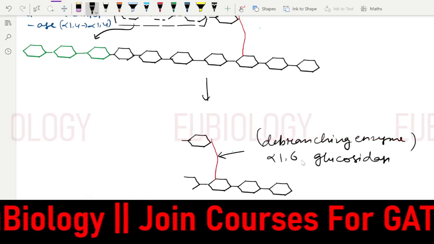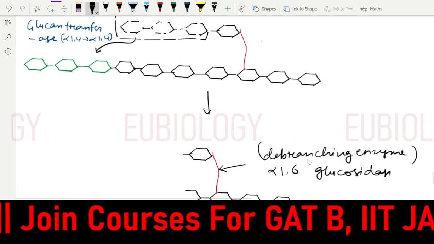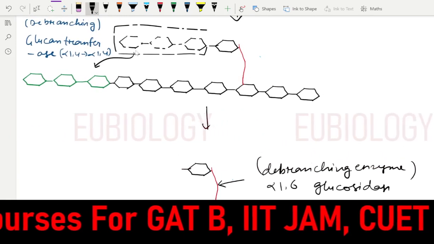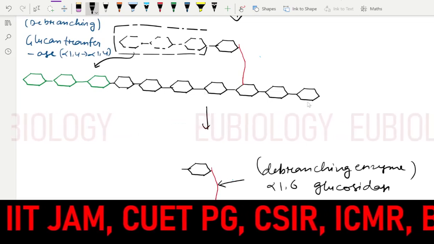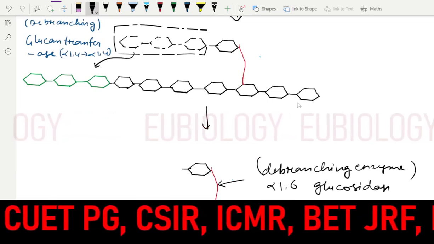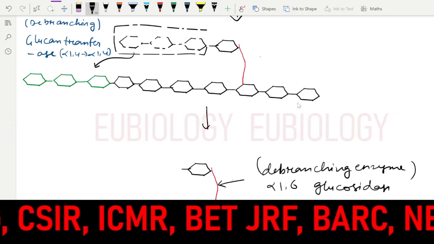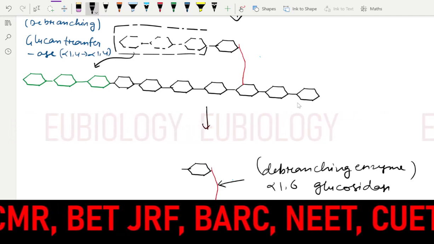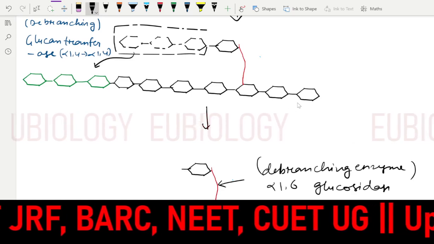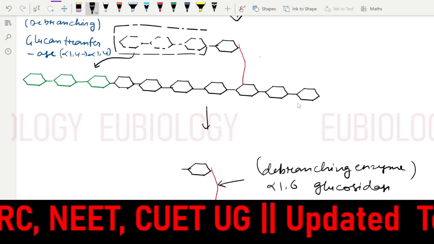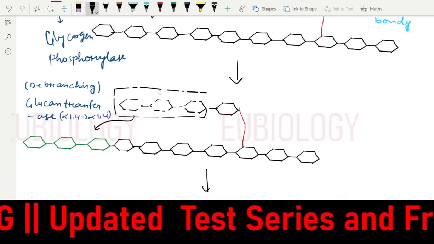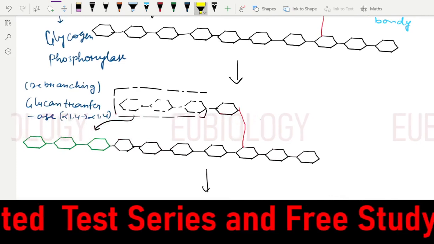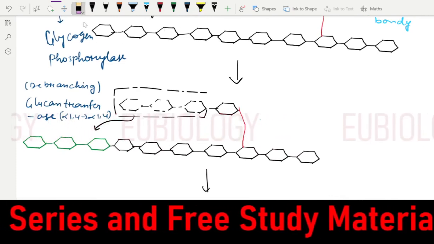Maybe somebody will have the doubt: if you are transferring the remaining residues like this, the chain will become longer and longer. Ultimately we are not breaking the glycogen into glucose residues, but making a long chain. The important thing is that glycogen phosphorylase will always be there.